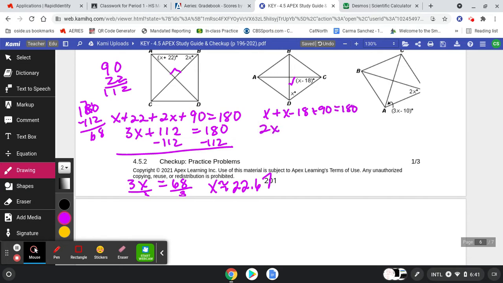Now 90 minus 18. 90 minus 10 would be 80. 80 minus 8 would be 72. Did you see how I did that? And 180 minus 70 would be 110. Minus 2 more would be 108.